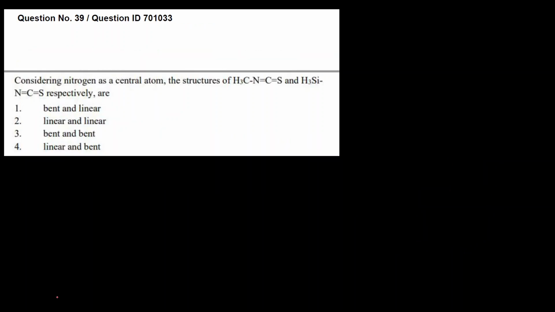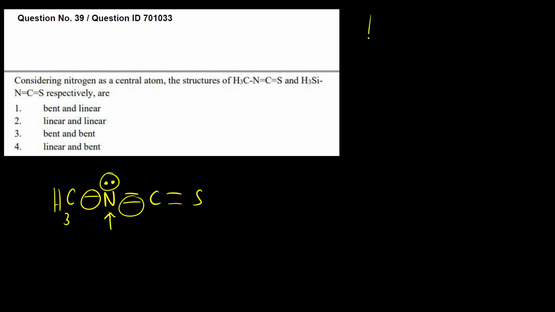In this, there are two questions. You have to find out the hybridization. CH3 N double bond C double bond S. How do you find out the hybridization? We have to count the sigma bonds. So 1 and 2, and there is one lone pair. Here there is no resonance.